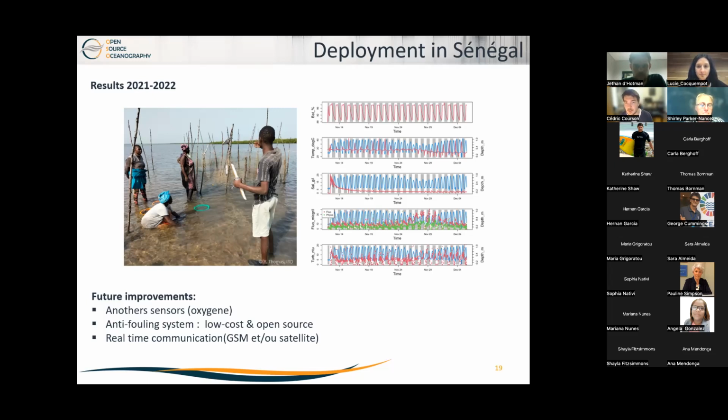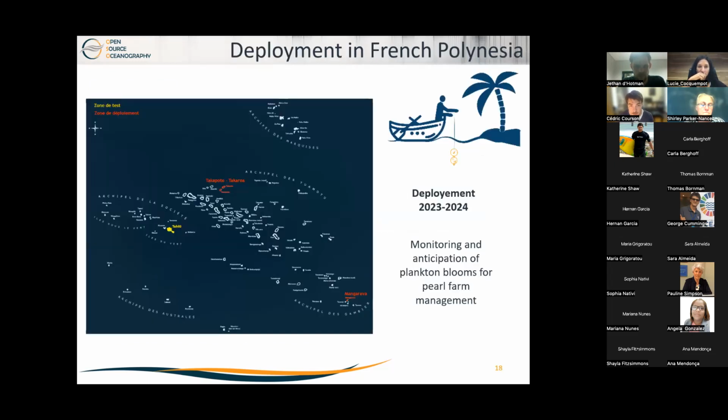And actually, there are 3 devices in Senegal, and this is the data of this device. And starting right now, there is a device in Tahiti and many lagoons of Polynesia.